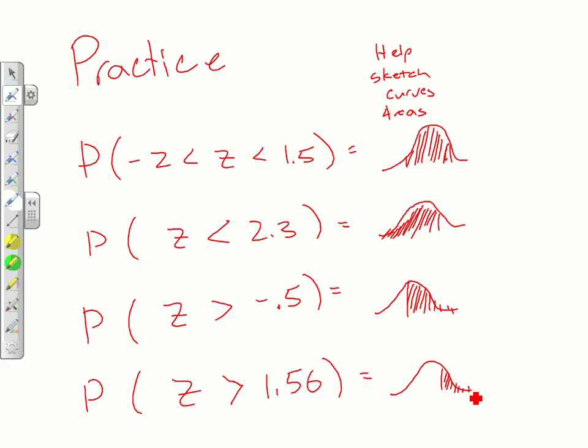Some calculators go straight to that screen, and you could just type it in there. So you just type in your low, then your up. Your lower value, then your upper value.